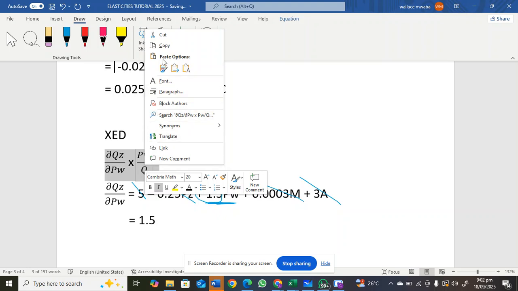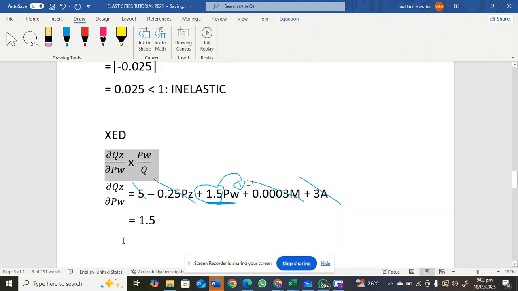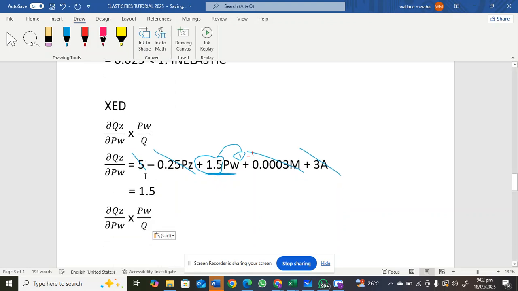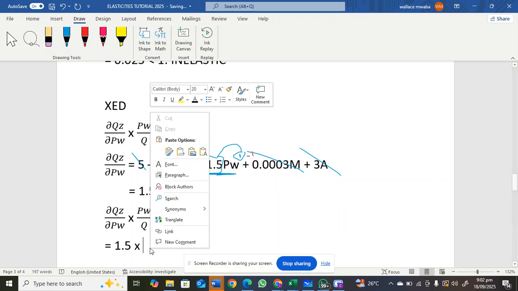So once we've got our values, we substitute the partial derivative of QZ with respect to PW, which is 1.5, multiplied by PW.